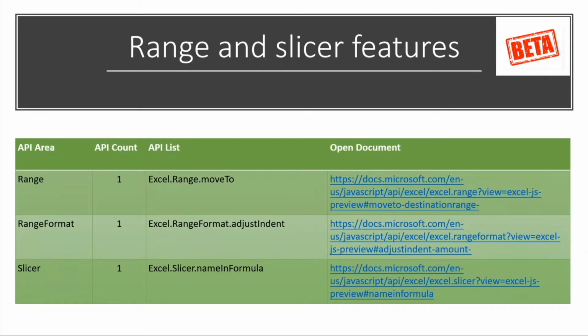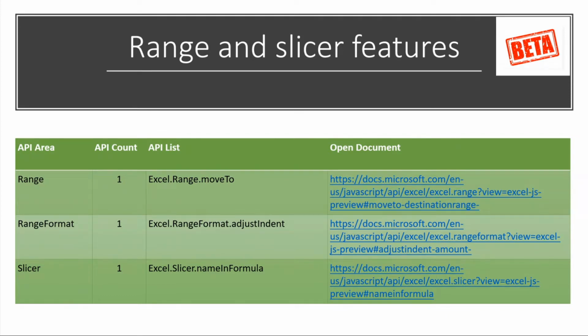Okay. So for the range object, we have a new API which is very useful. As we know, we have copy and paste, but we don't have cut and paste.